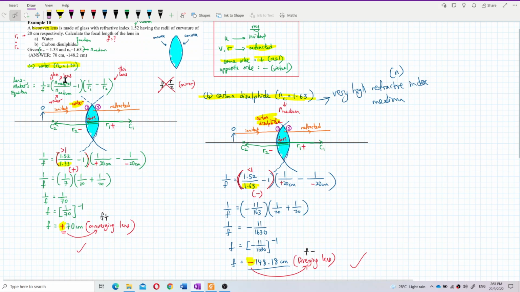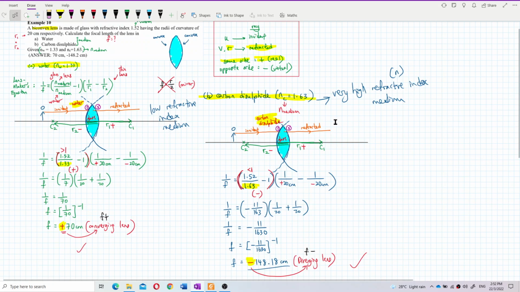But if you put it in a low refractive index medium, you still function as a converging lens. But if you put the convex lens into a very high refractive index medium, it can suddenly become a diverging lens.